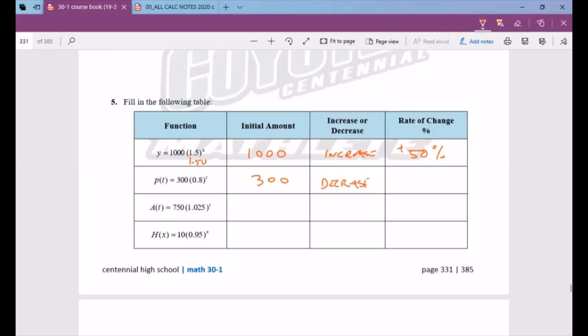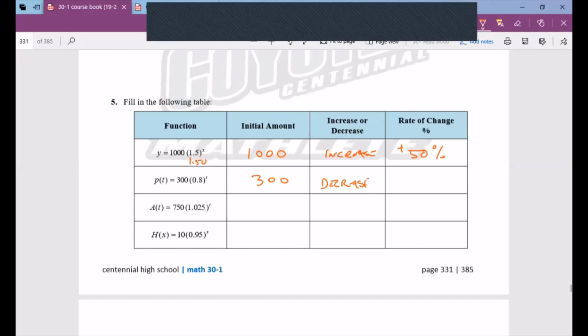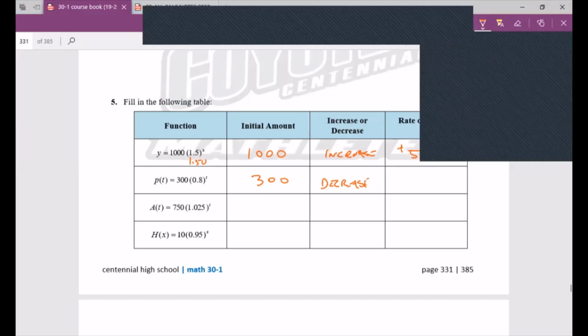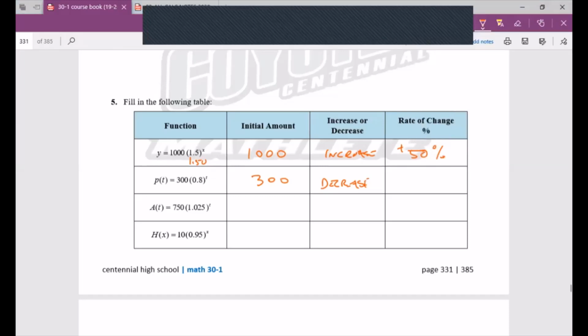What is your rate of change? If we take that b value of 0.8, if we take that b rate and subtract 1 from this, this might help see the pattern.